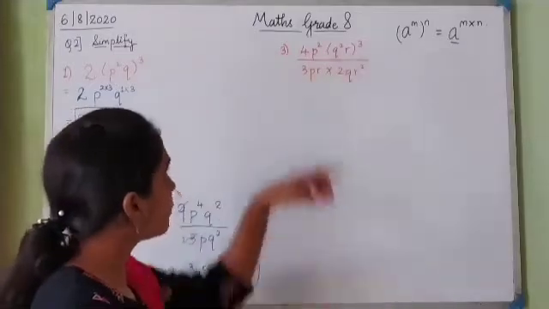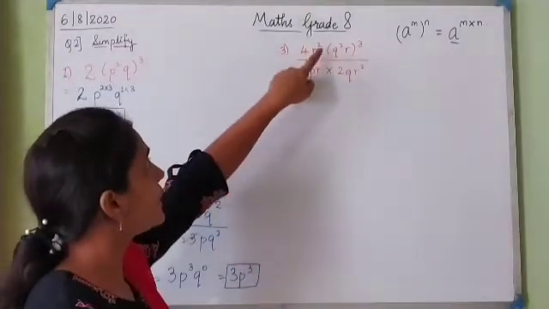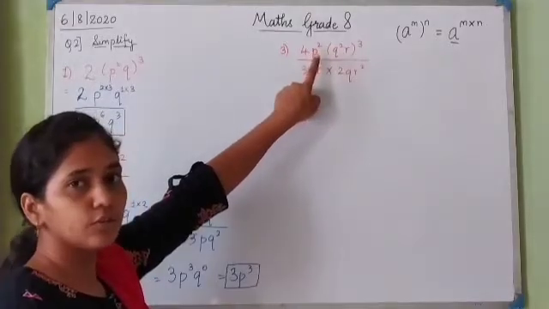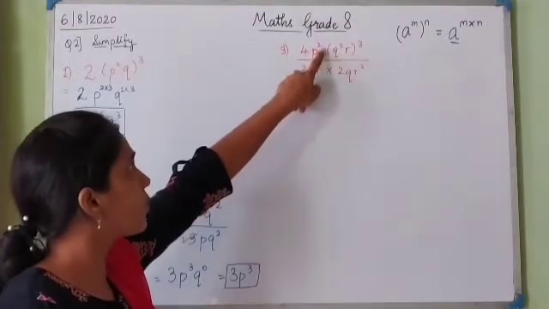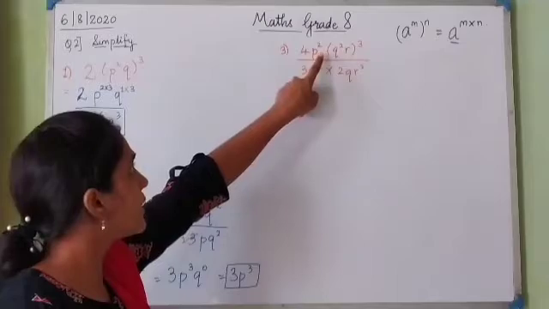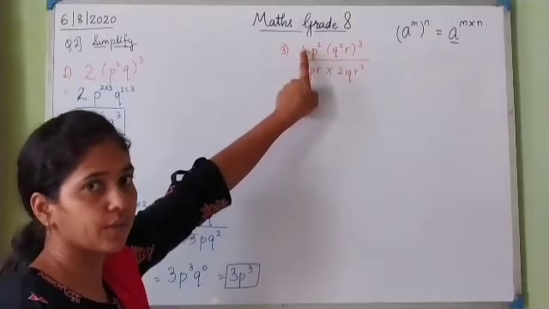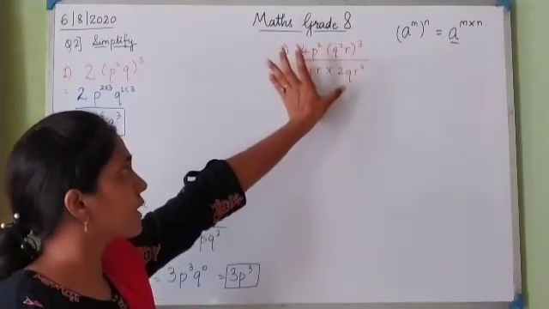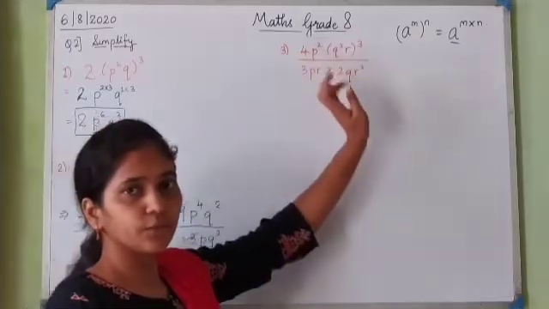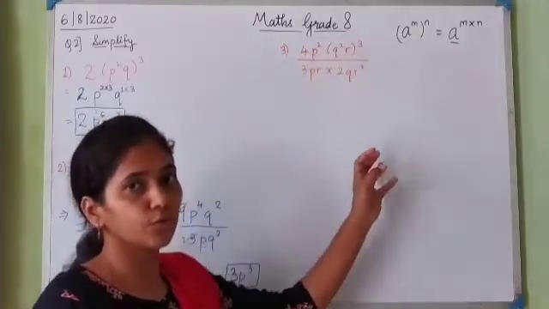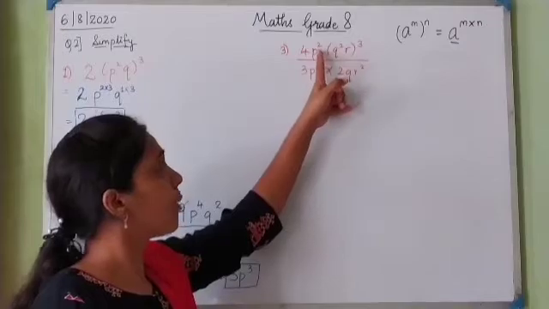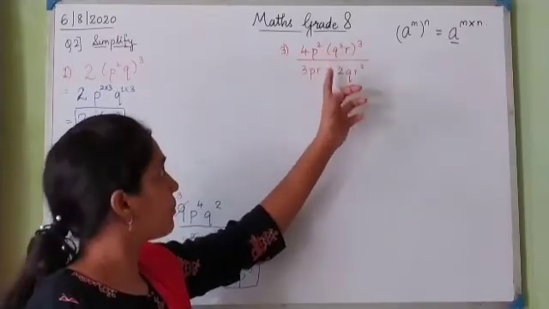Okay. So now here you can see the question is 4p square. Here also you need to see that this square, the number 2, is raised to only p, not to 4. So while copying, if the question is given to you like this and you are copying it in your notebooks, you have to copy it very properly.